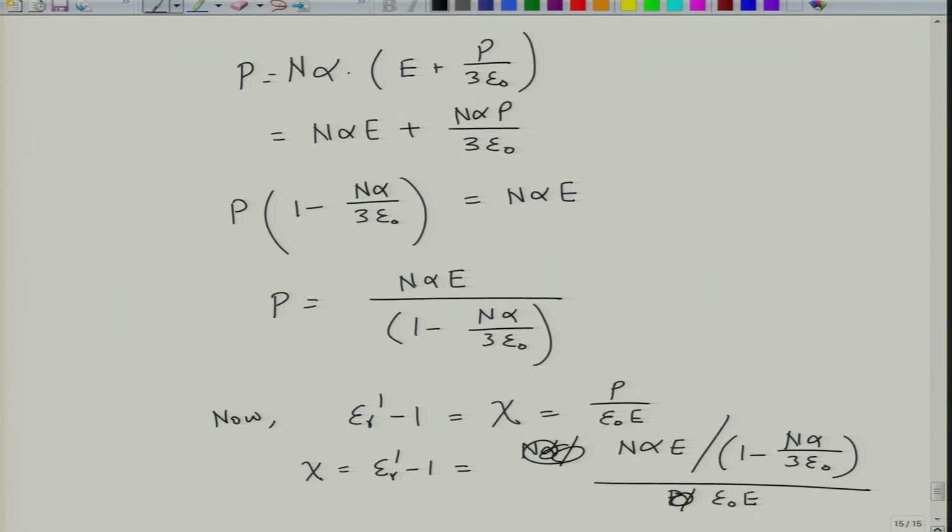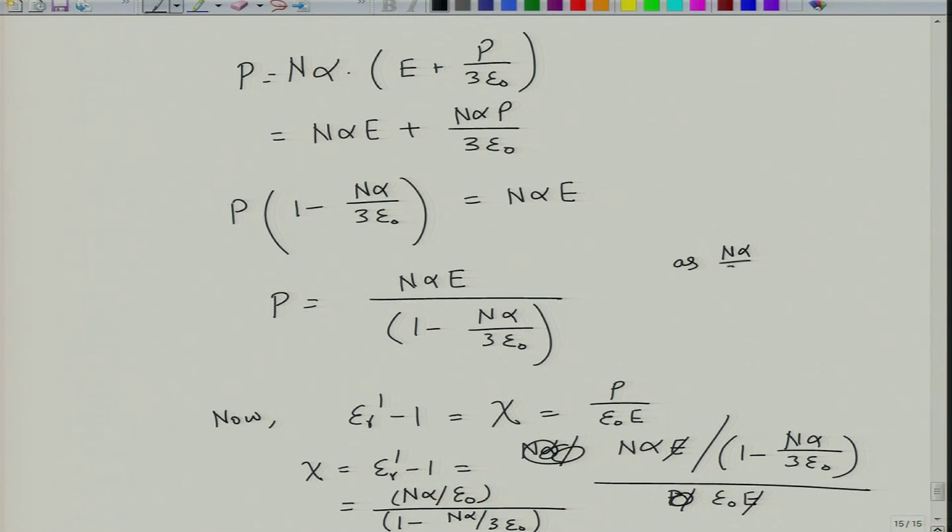If you do the juggling, the E's will cancel each other. So chi will be equal to n alpha divided by epsilon naught, divided by 1 minus n alpha divided by 3 epsilon naught, okay.